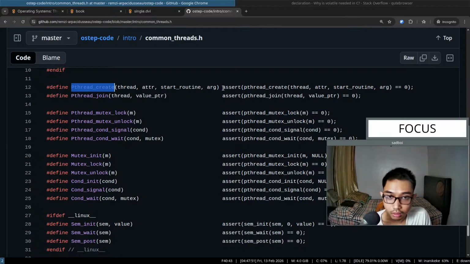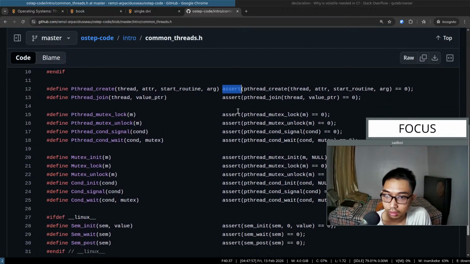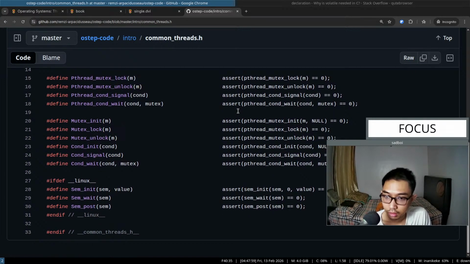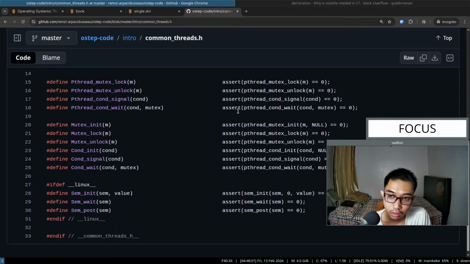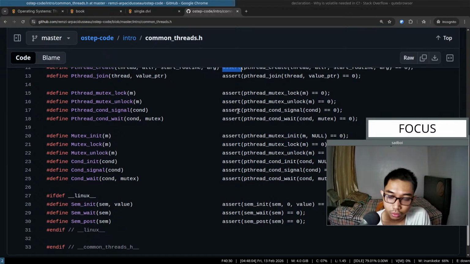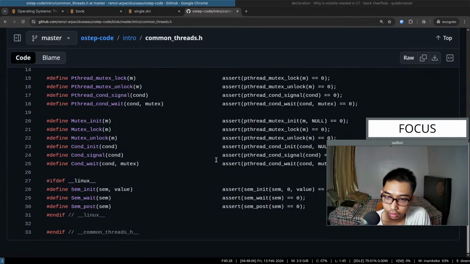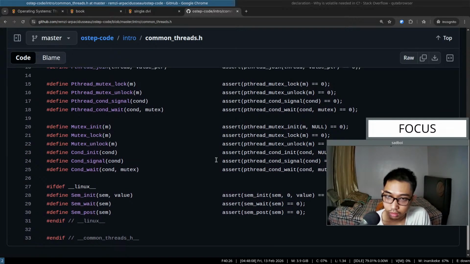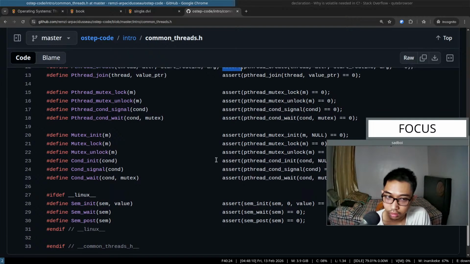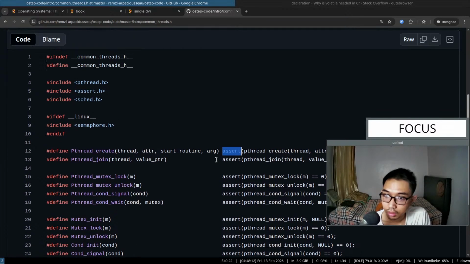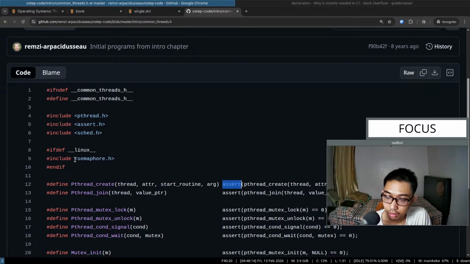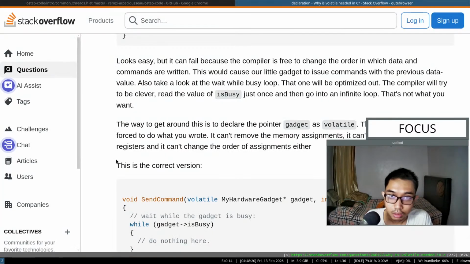Using a macro. Oh. Okay. Semaphore. It's right.